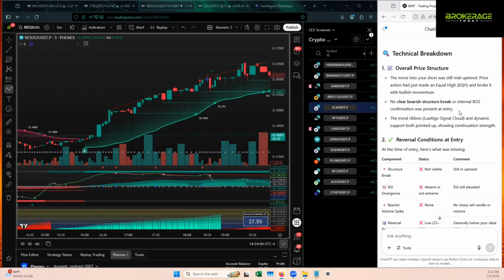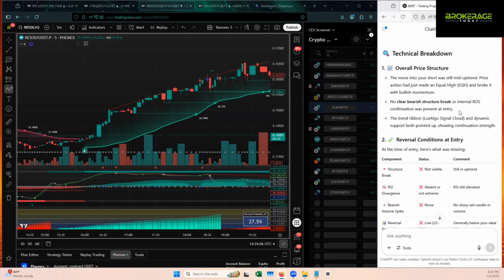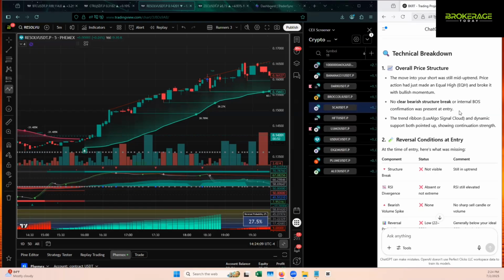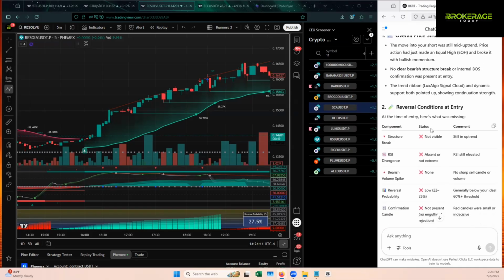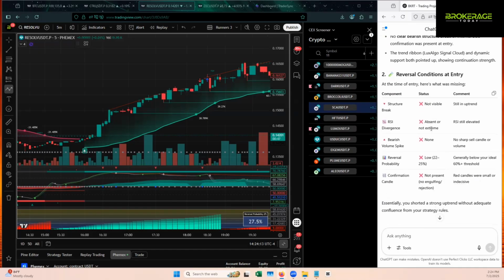Some people like to wait for the confirmation. Depends on how long you get to hold the trade. So it really depends. But then GPT goes on to give you even more ideas, whether you want to wait for a structure break, get additional confirmations from an RSI divergence, or even just wait for a bearish volume spike, which I thought was very good.